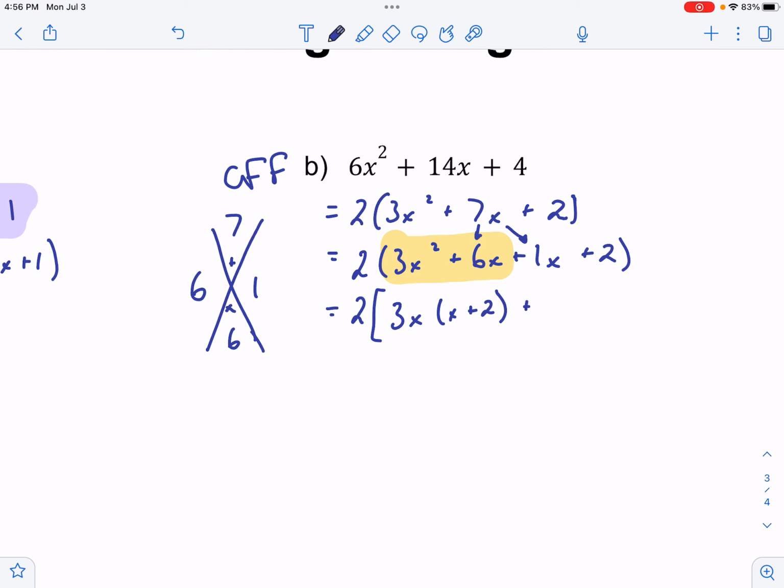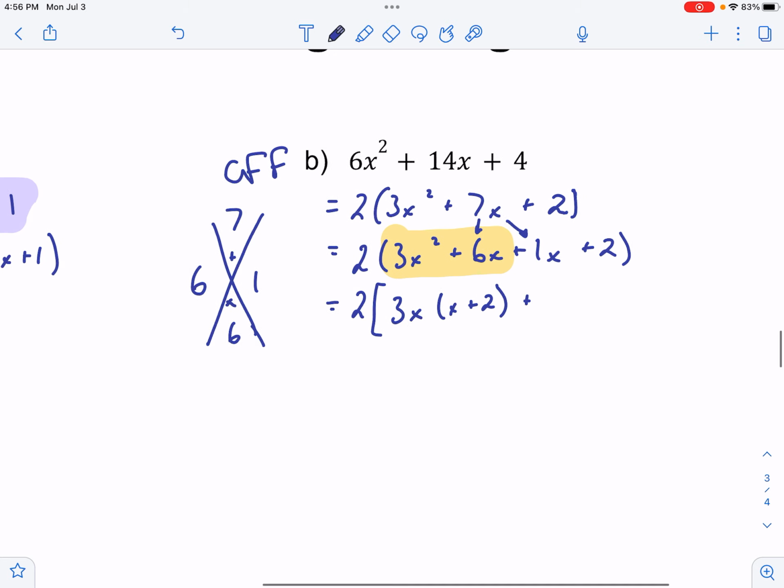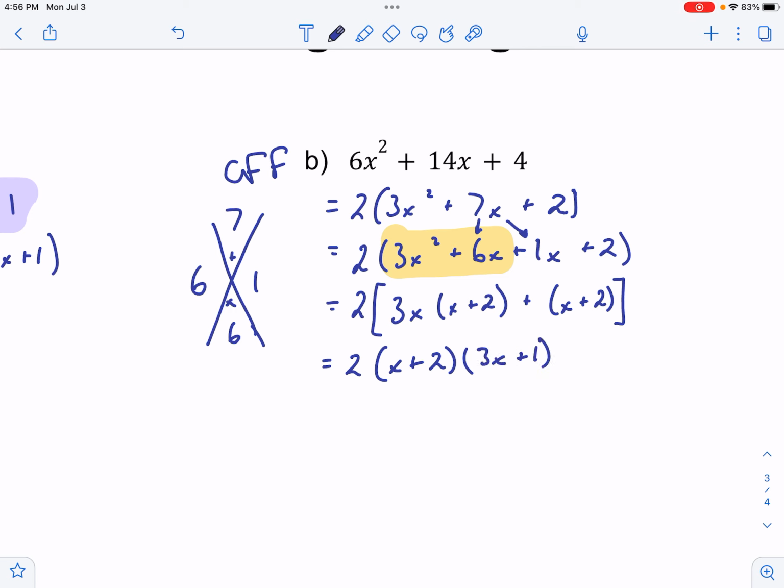And then once again, there's nothing left for me to factor out here. All I have is an x plus 2, so I'm just going to leave that in brackets and close up my squares. I now have an x plus 2 in common, and I can fill another bracket with a 3x plus 1.